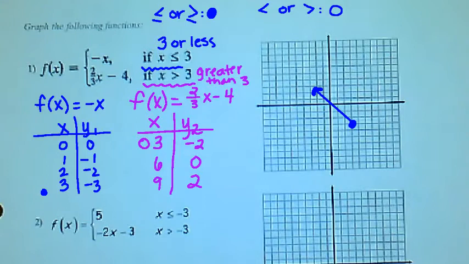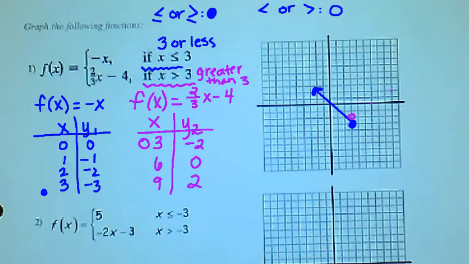All right, so let's plot those points. We're going to go to 3, negative 2. It's going to be right above it, and you're going to draw an open dot. Then you're going to do 6, 0, and then 9, 2.